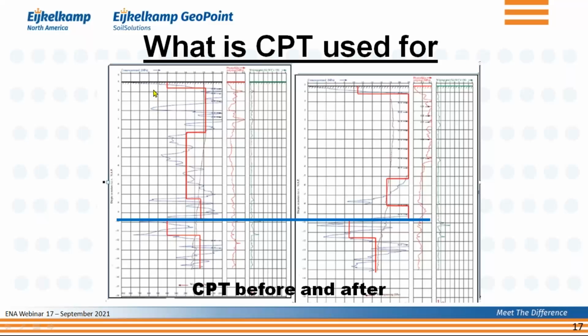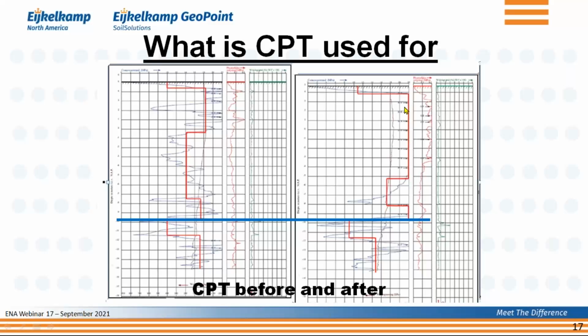What you see here on the left-hand side was the CPT results beforehand, and the blue line shows you the tip resistance, and the red line is kind of an average of that over depth. But you see here a big variation of the tip resistance as you go down. And on the right-hand side, you have the same CPT a number of months after the pile was put in the ground. But what you see now is that the tip resistance basically is very stable, but also much higher.